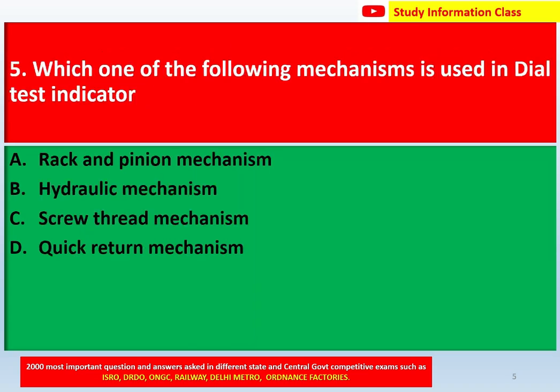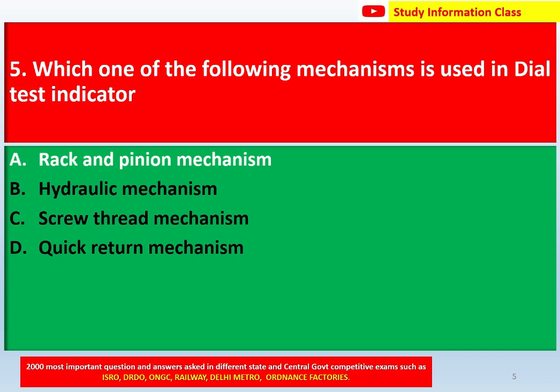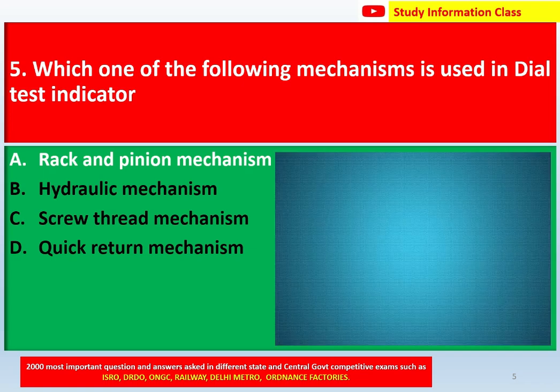So next question, which one of the following mechanism is used in dial test indicator? Options: rack and pinion mechanism, hydraulic mechanism, screw thread mechanism, quick return mechanism. For this question, the correct answer is rack and pinion mechanism.